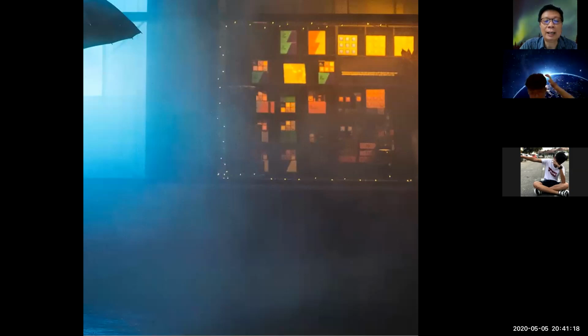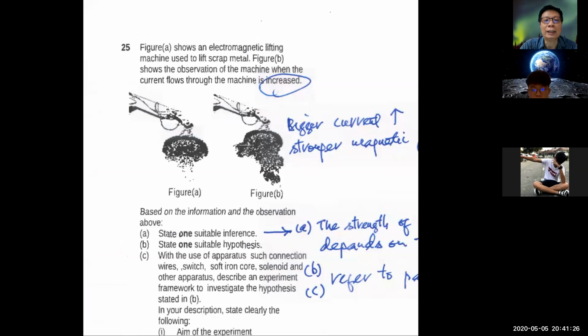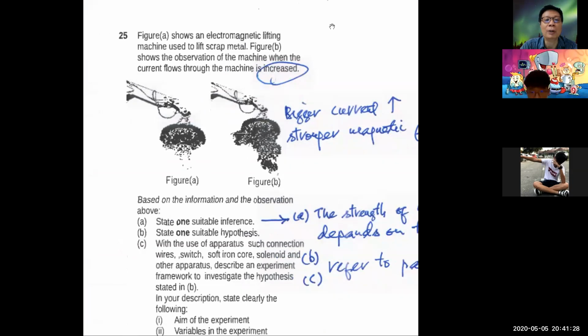We are in the last question now. Okay, can you see? Look at this question. This one is an essay question, experiment report. Now you need to have foolscap paper in your class. You must have foolscap paper to write out the answer. This question goes like this: the figure shows an electromagnetic lifting machine.